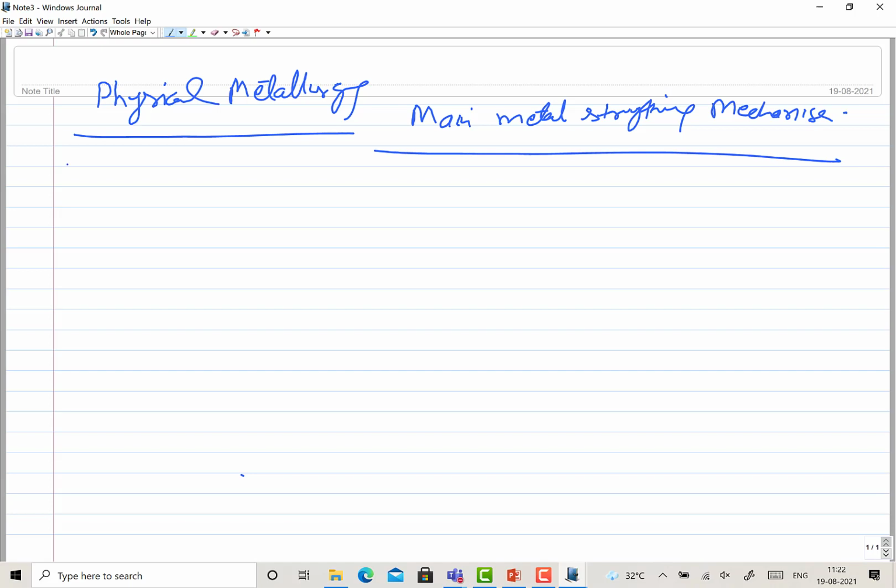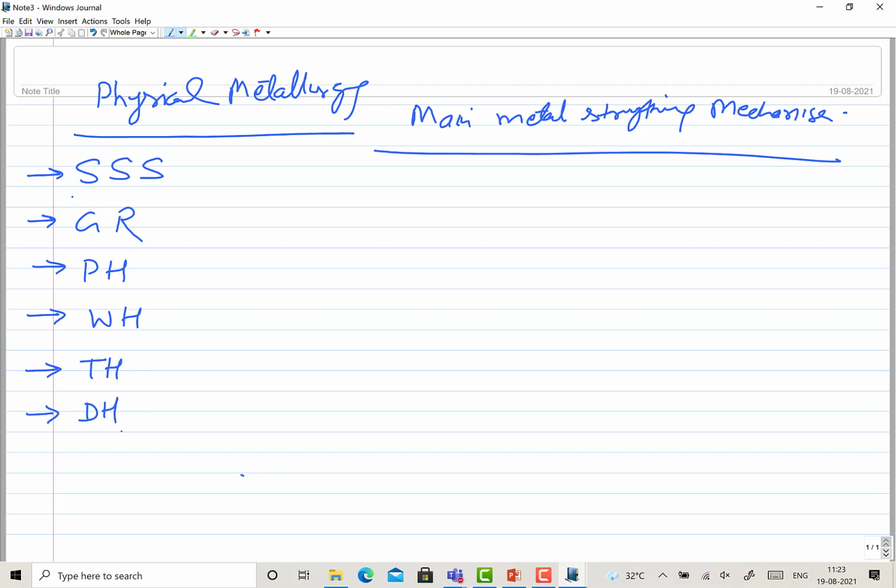For that, you need to consider solid solution strengthening, then grain refinement, precipitation hardening, then work hardening, then transformation hardening, and dispersion hardening.